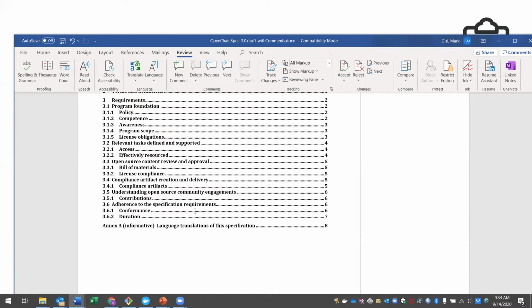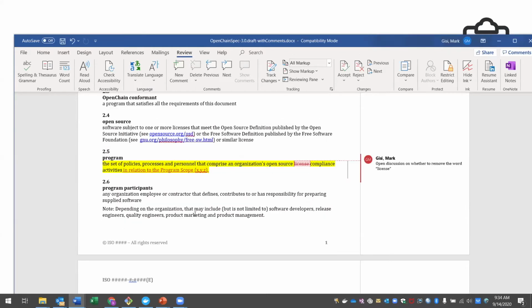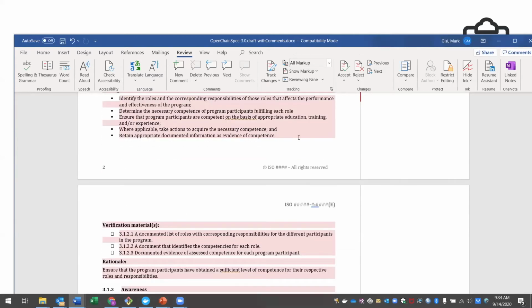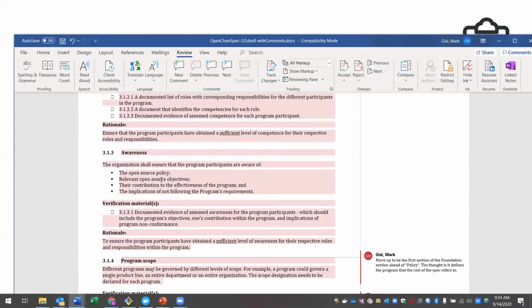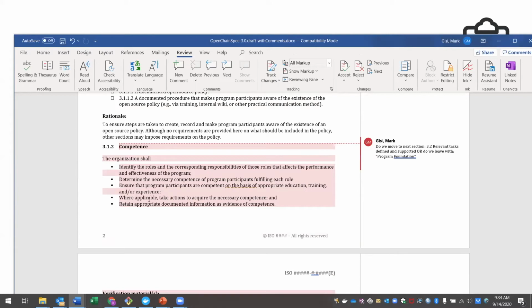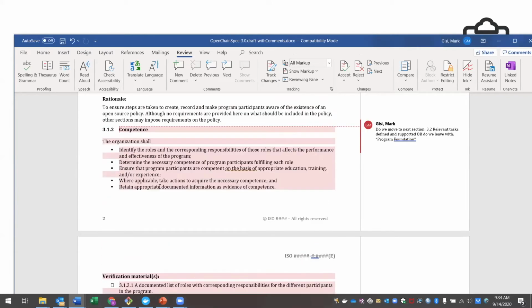So let me go back down to the section where program scope is. It's right here. And you shouldn't confuse it with this other red section above. This section would move, okay? And this other section was the other one, which is competence and awareness. These two were agreed upon last time to keep them together, okay?